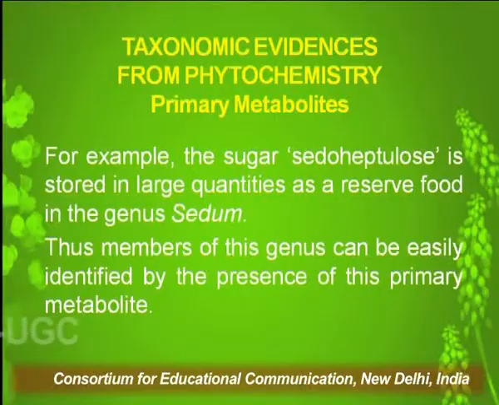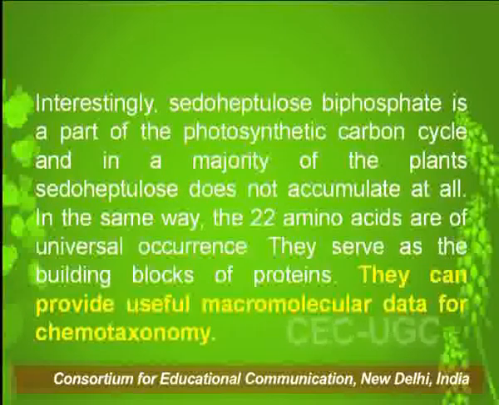For example, the sugar pseudoheptulose is stored in large quantities as a reserve food in the genus Sedum. Thus, members of this genus can be easily identified by the presence of this primary metabolite.